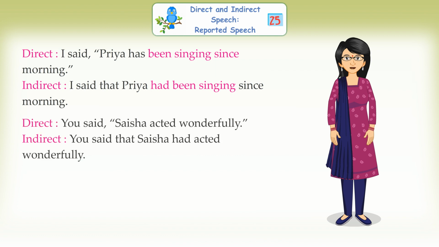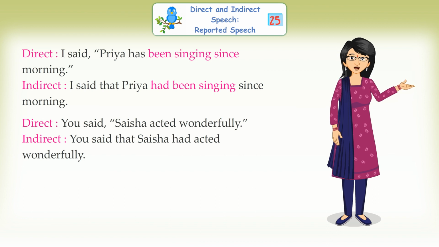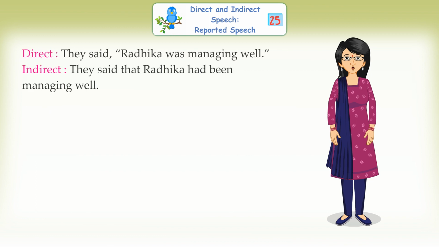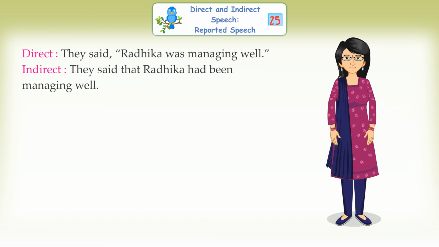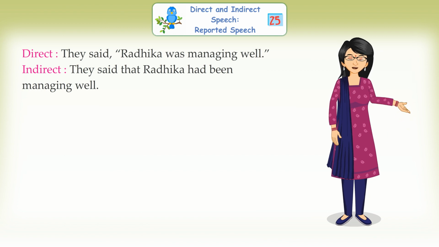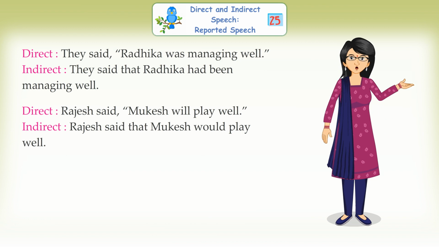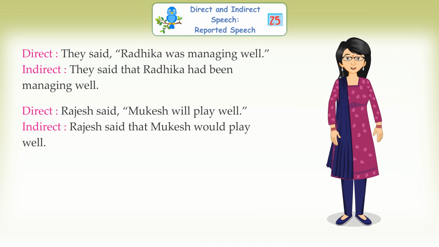Direct: You said, "Saisha acted wonderfully." Indirect: You said that Saisha had acted wonderfully. Direct: They said, "Radhika was managing well." Indirect: They said that Radhika had been managing well. Direct: Rajesh said, "Mukesh will play well."